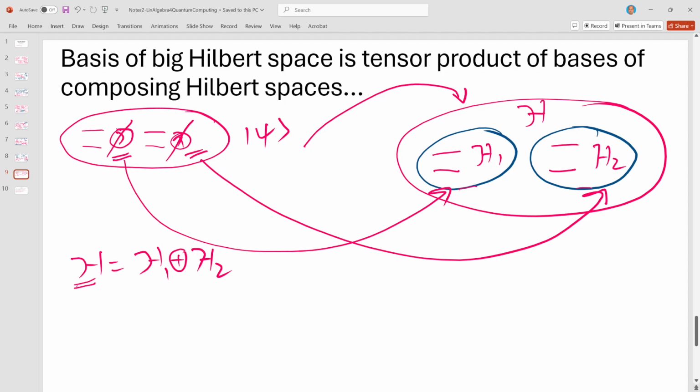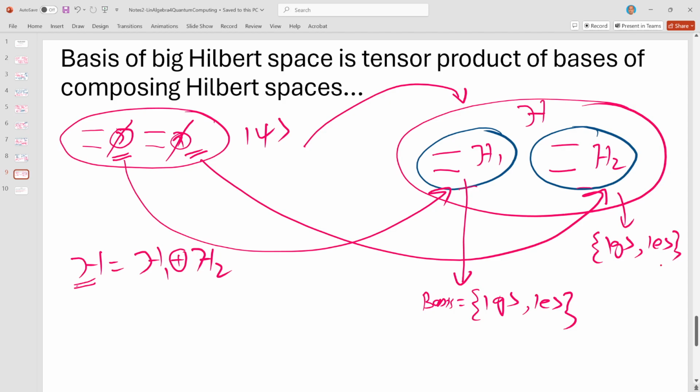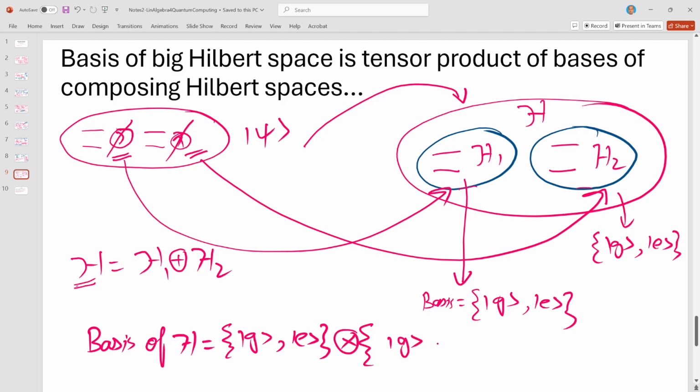So for that, the rule is that if I have a basis of, let's say, this system, suppose I choose the basis for this space as ground state, excited state, and the basis for this also is ground state, excited state. Then the basis of the composite state can actually be written as the tensor product of the basis of the individual states.